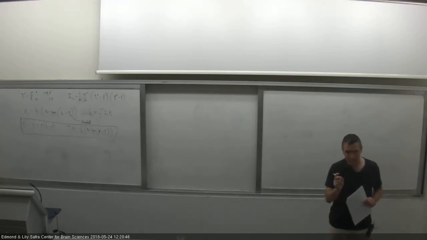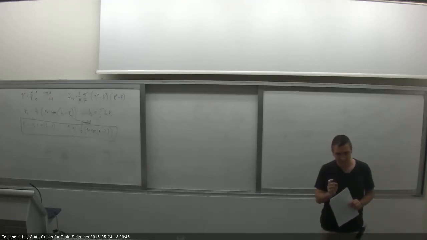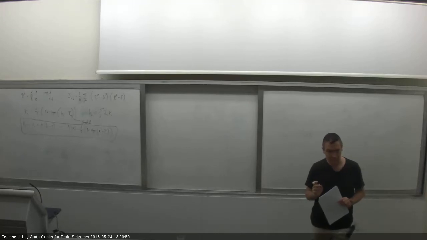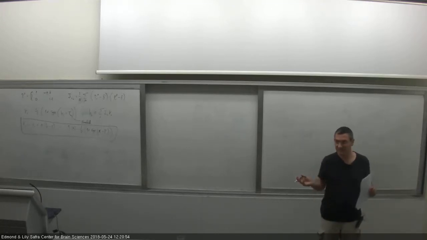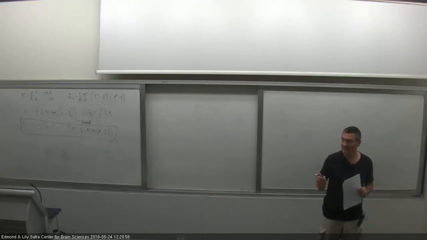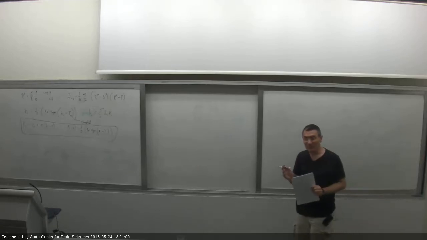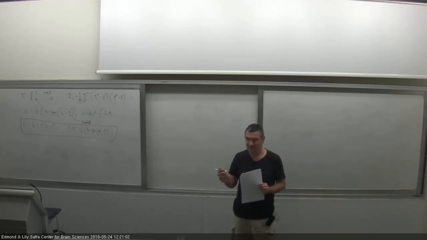We use one memory pattern. So what exactly did we do? We plugged in one memory pattern and we asked, is this a fixed point? We didn't ask anything about all the other fixed points. We asked only about a single memory pattern, memory pattern number one. We asked, is it a fixed point?